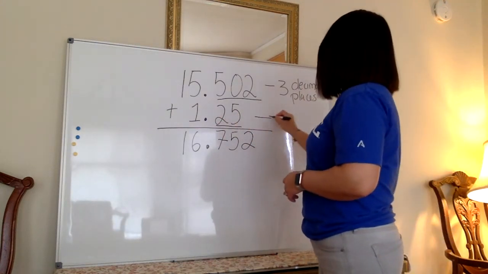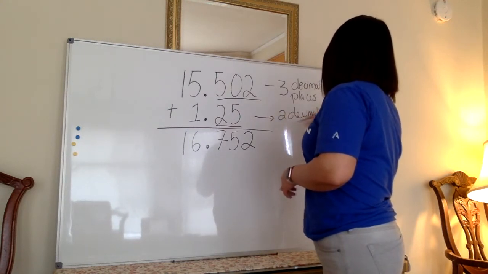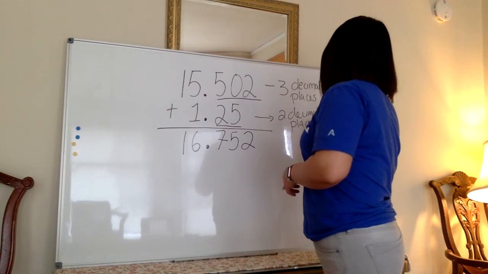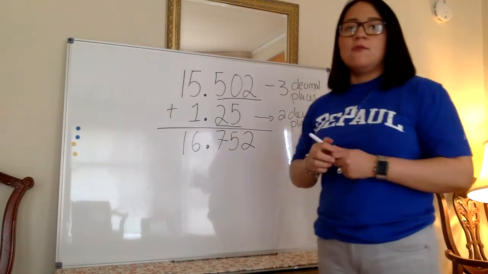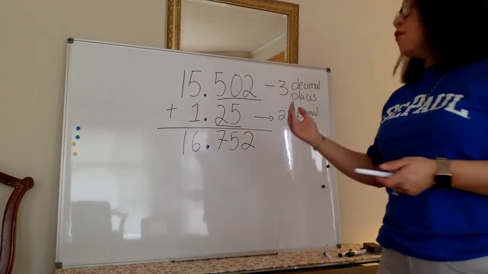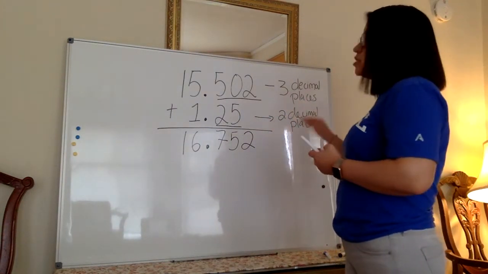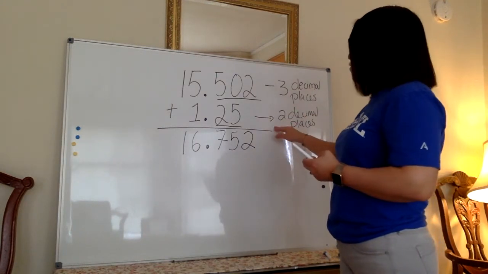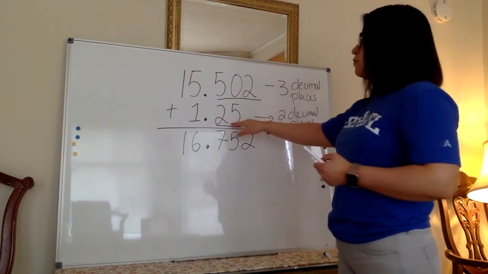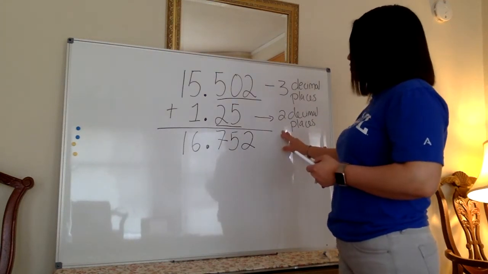There are 2 decimal places here. The one with the least amount of decimal places is the least precise, which means your answer can only be as precise as your least precise number. So our least precise is 1.25. That means my final answer should only have 2 decimal places.